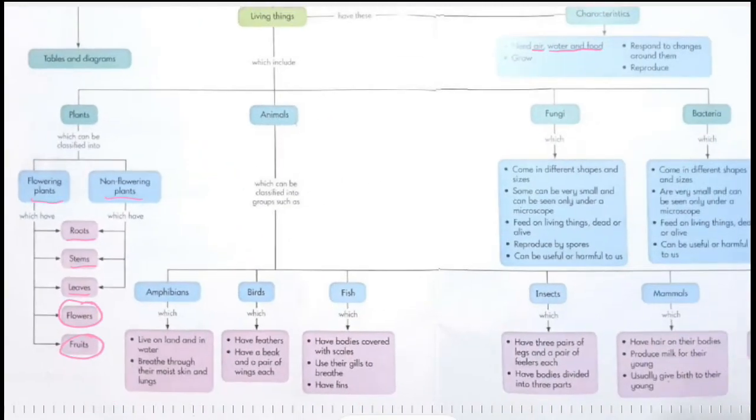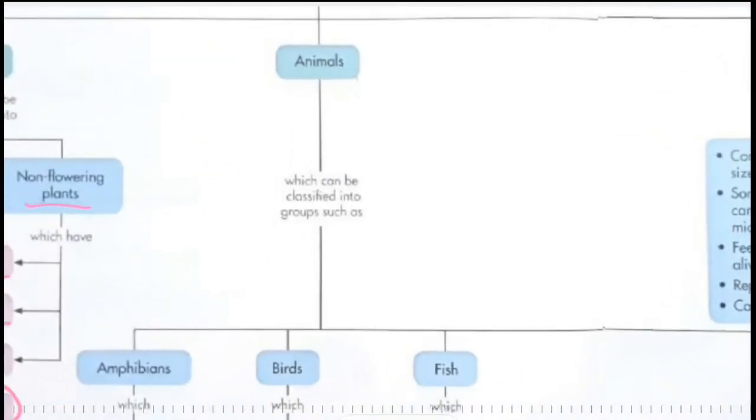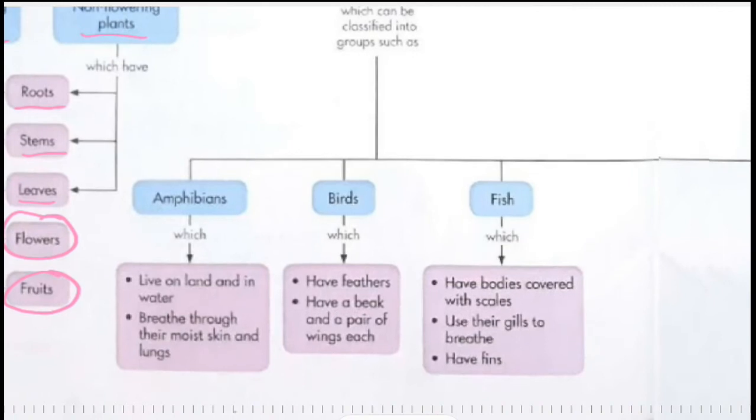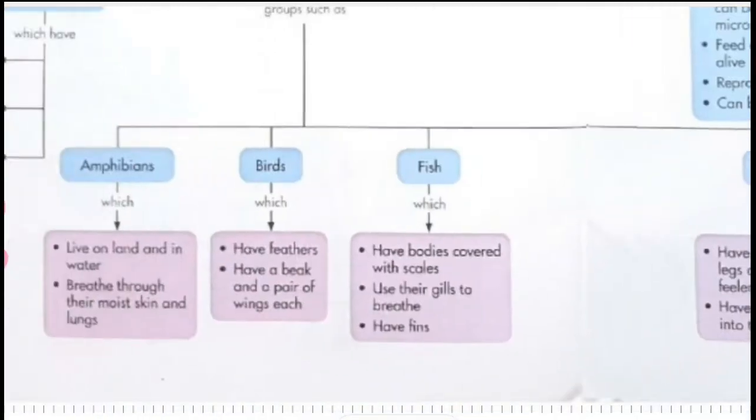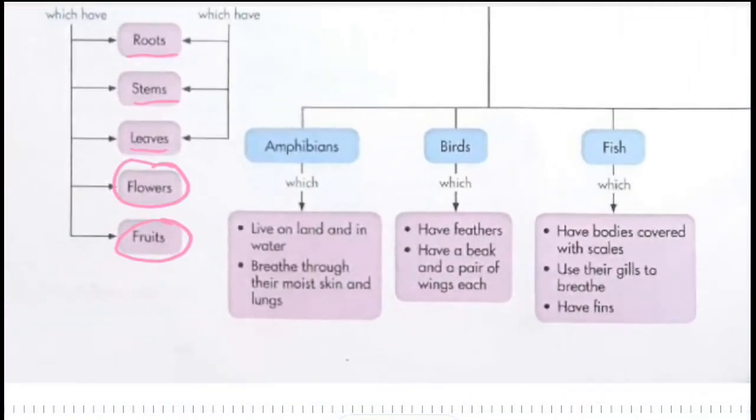Let's talk about animals, which can be classified in groups such as amphibians, birds, fish, insects, mammals, and reptiles. Amphibians live on land and in water, and breathe through their moist skin and lungs.